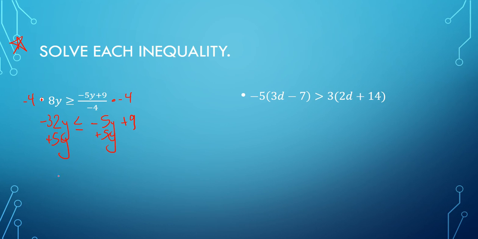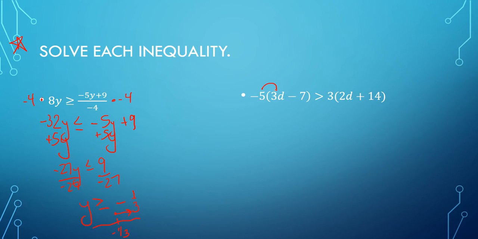And you get negative 27y. Divide by negative 27. Again, you divided by a negative, so it's going to flip that inequality sign back the other way. And 9 over 27 is 1/3. So we got negative 1/3. Now if you were to graph that, it would be a closed circle. And it's greater, so it would be to the right.